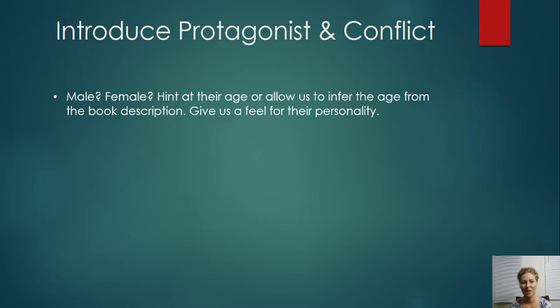There's a lot of ways that you can hint at that or allow us to infer it. Their age, just based on some kind of witty description. You don't have to come out and say, Janet is 30, Janet likes baseball, or something like that. So obviously you're writers, you're creative, you know how to do this. So make sure that you introduce the main character.